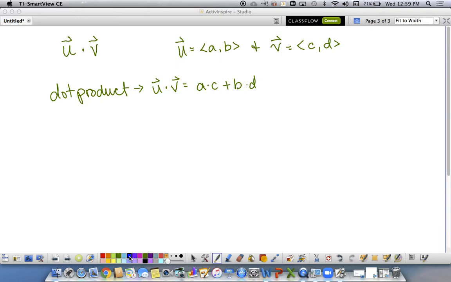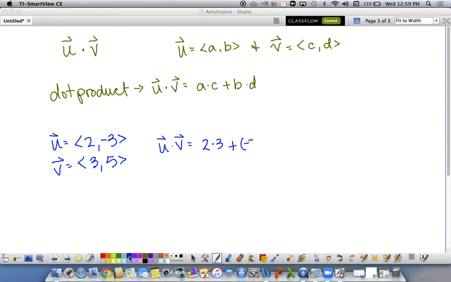Okay, so if we have an example, u is 2 comma negative 3, and v is 3 comma 5. We're going to go u dot v will simply be 2 times 3 plus negative 3 times 5.